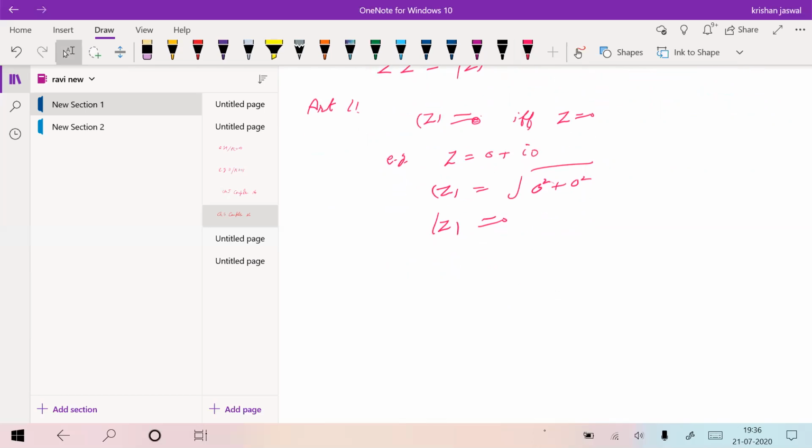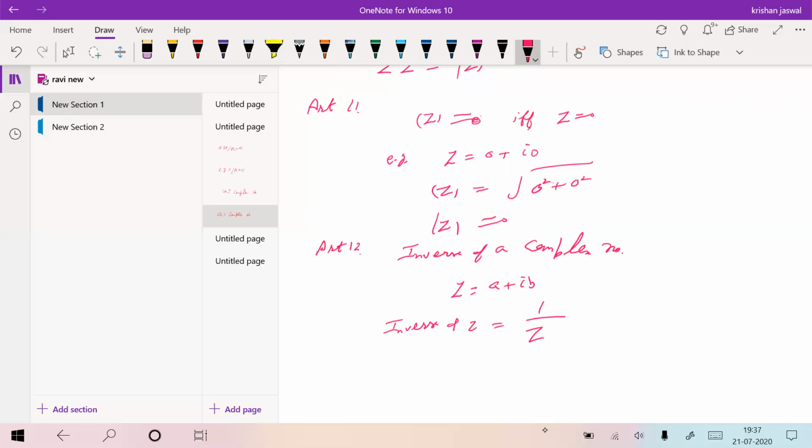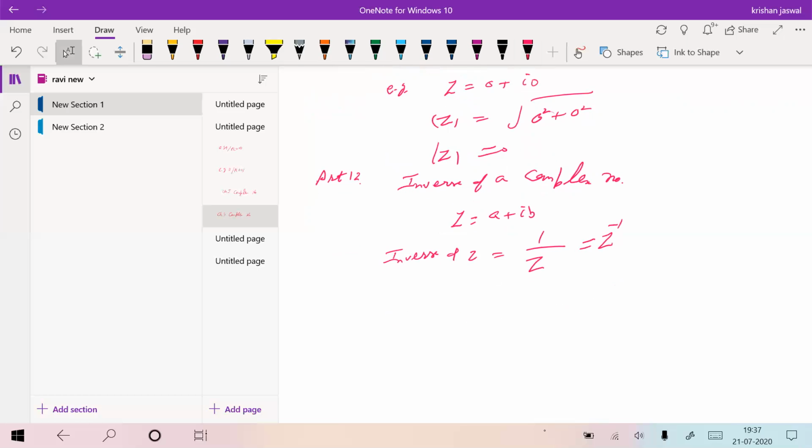Inverse of a complex number, Article number 12. We have Z, a complex number, then the inverse of Z is 1 over Z, or we can write Z power minus 1.